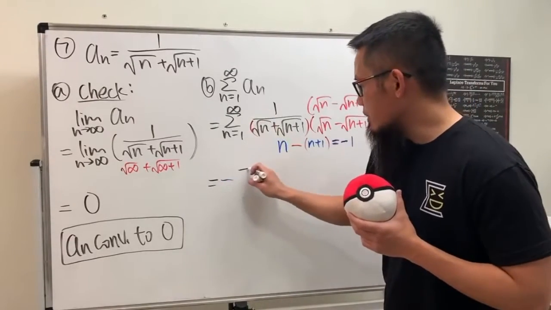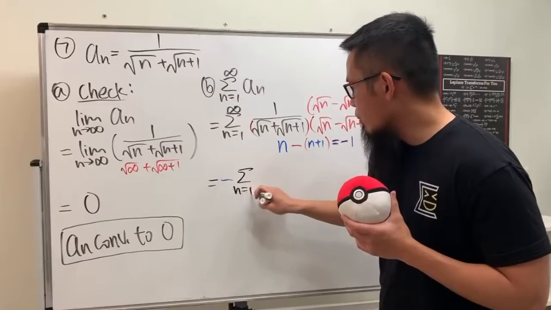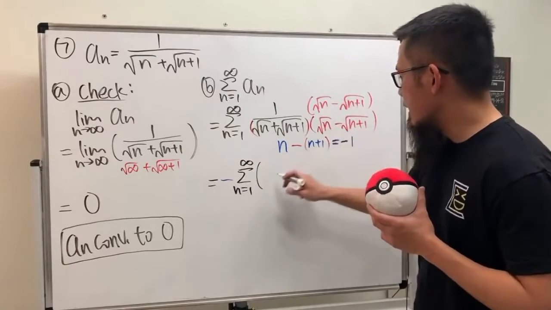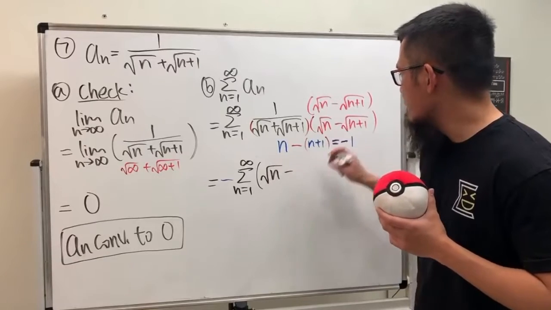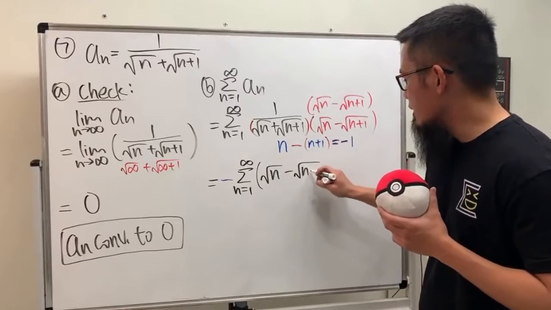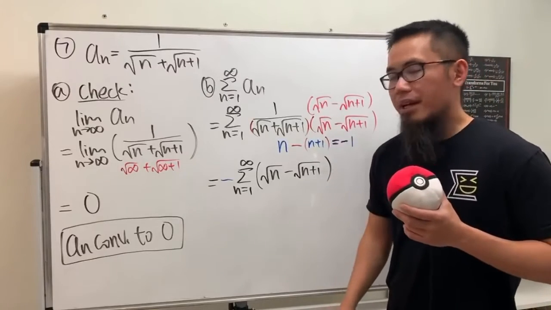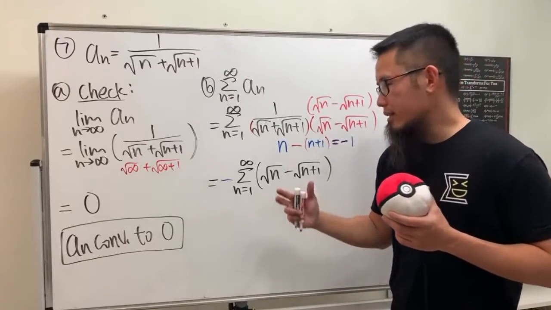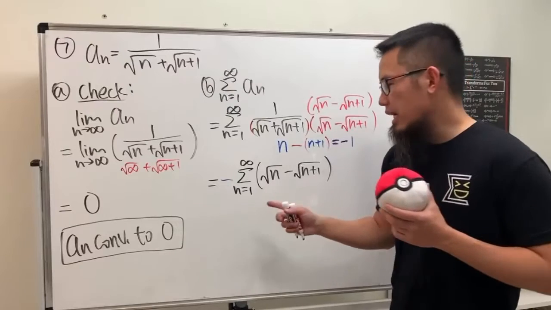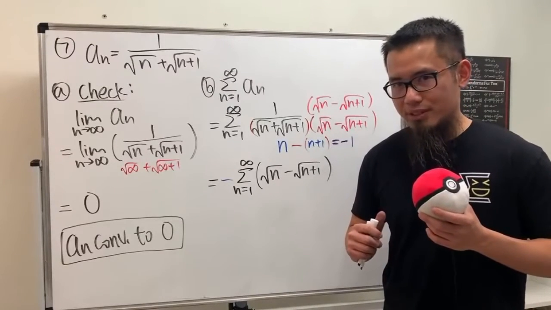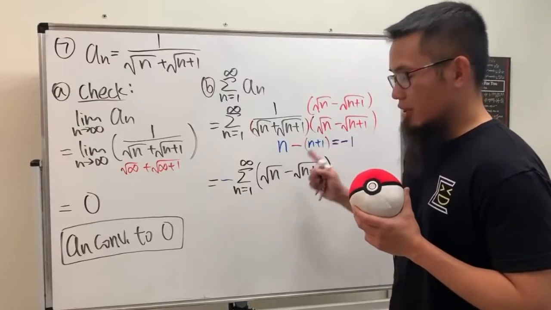And then we have the series as n goes from 1 to infinity, and we have just this, namely square root of n minus square root of n plus 1. This is the reason why I did it this way, because you can see that, yes, this right here is a telescoping series. But check this out though.